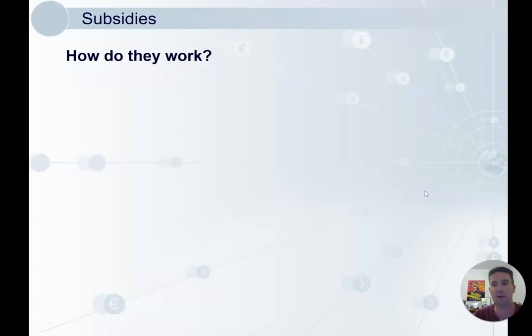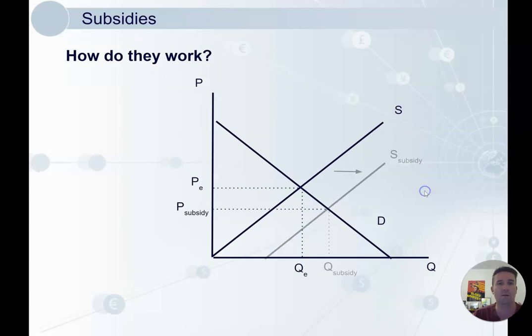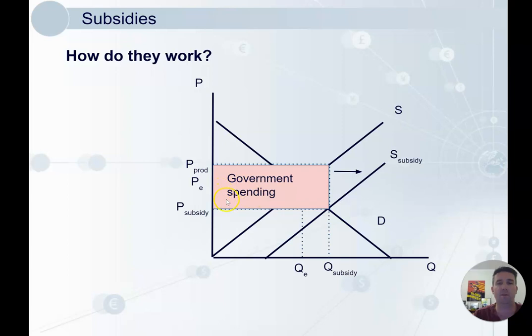Where does all that money come from? It comes from government spending. So it's the amount per unit, that vertical distance here, multiplied by how many now get produced. Of course, with a subsidy, more are going to be produced. It's in the producer's best interest to produce as much as possible and receive more of that subsidy. They're going to be making more profits.